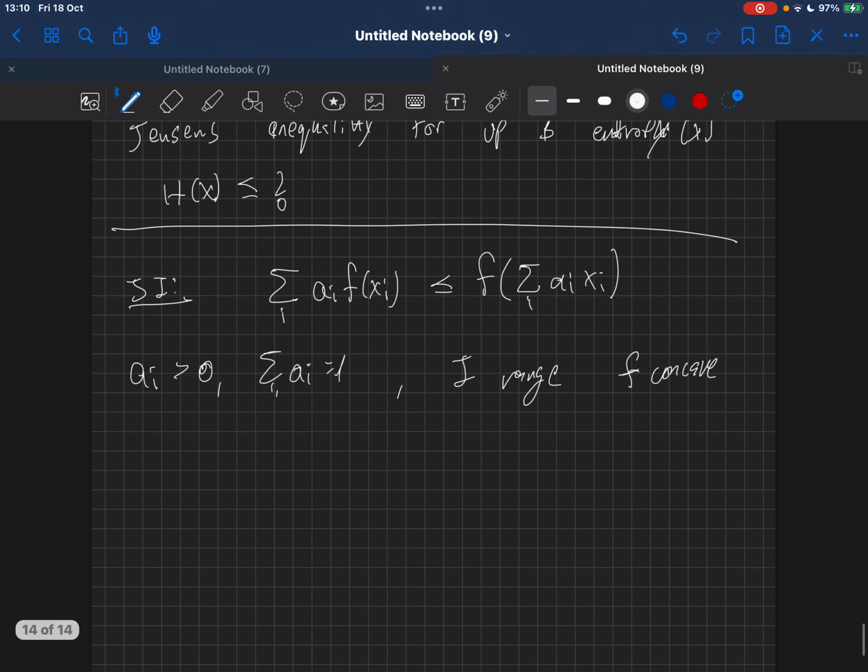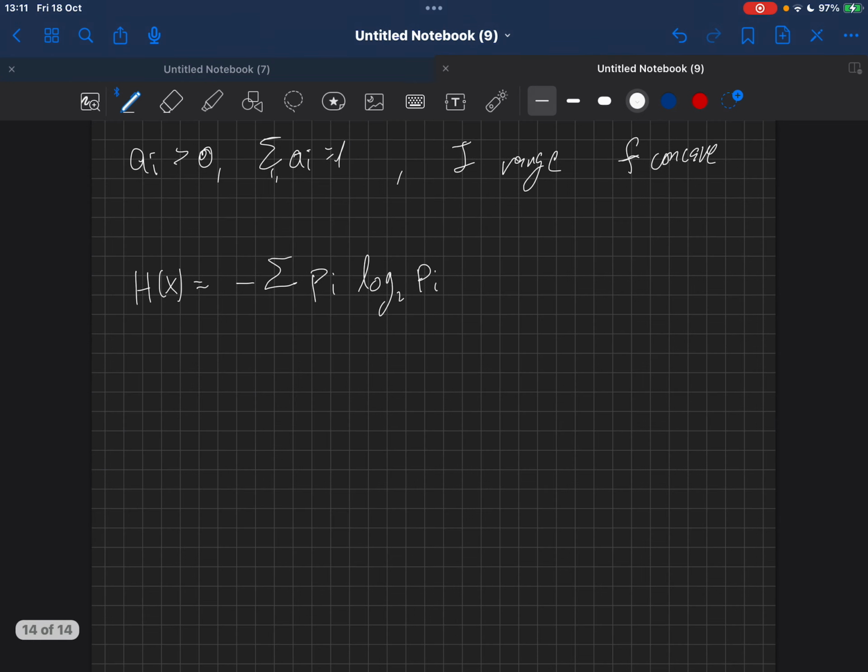Okay, so now the entropy of a random variable can be written as minus the sum of p_i log base 2 of p_i.